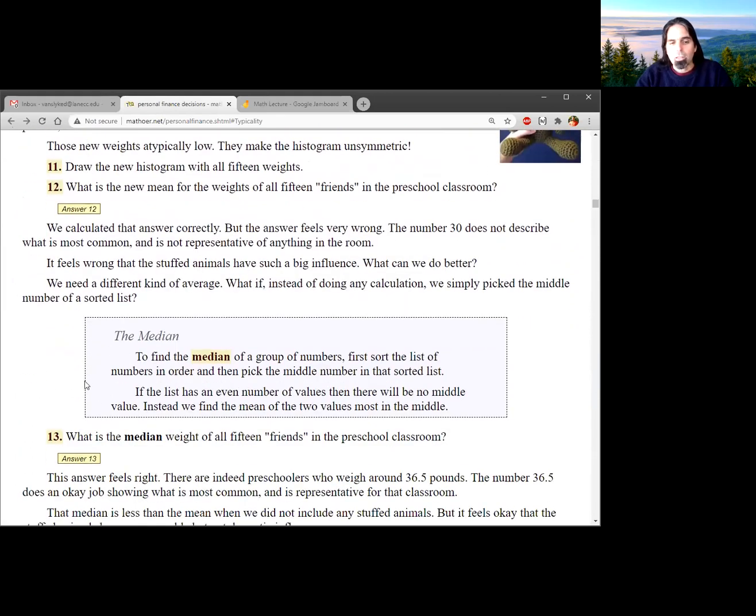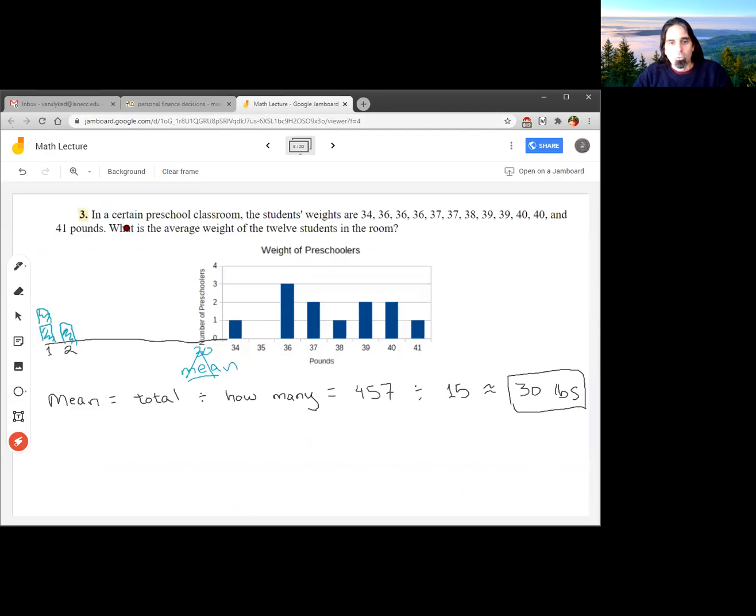So now we define the median. To find the median of a group of numbers, you sort the list of numbers, so they're listed in order, smallest to biggest, and then you pick the middle number in the list. So we're just going to find the median doing that.